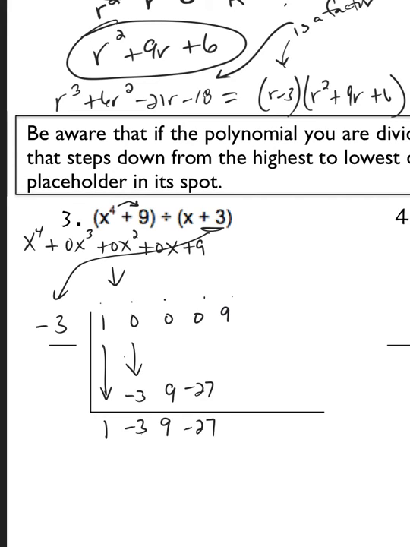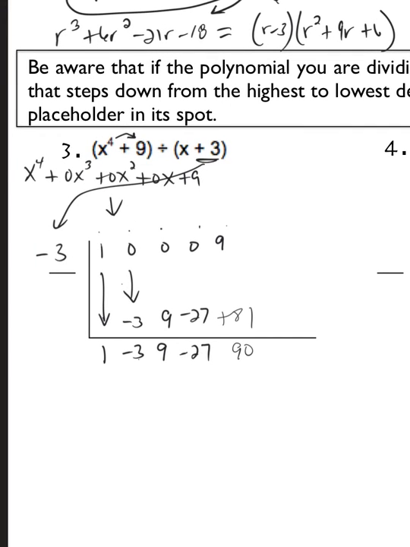And then -3 times -27 is going to be positive 81. And then I'm combining that with the 9 to get 90. So you would not think that this would be such a messy result, but it really is. Remember, this is the remainder, constant, x term, x squared term, and x cubed term.